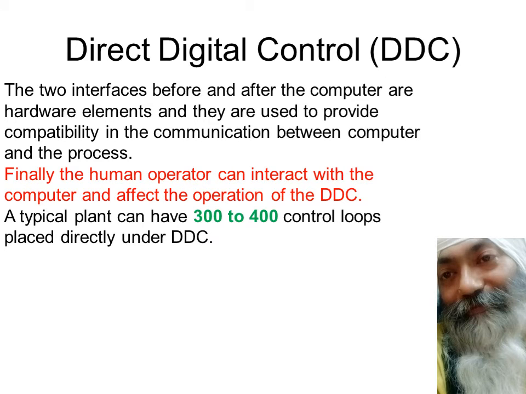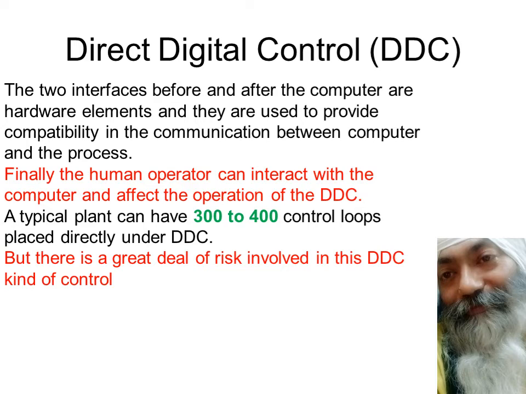A typical plant, as I said, can have something like 300 to 400 control loops placed directly under DDC, and that actually increases the risk. This is what I'm mostly worried about: the number of wires is too high, and the risk of DDC failing is too high.